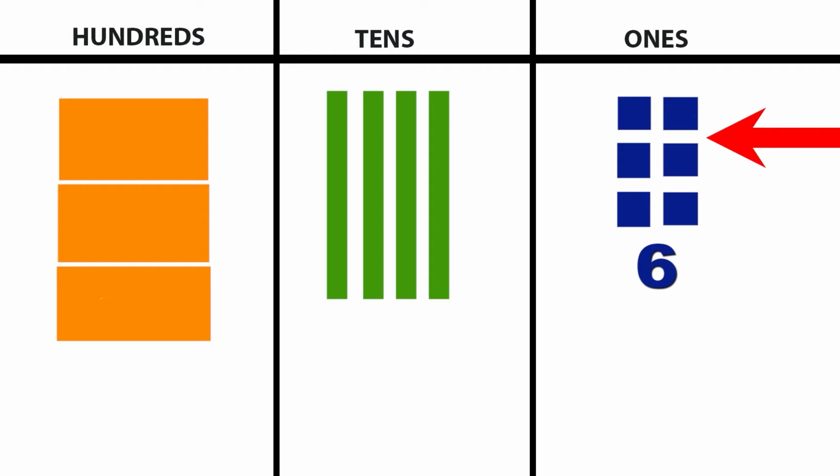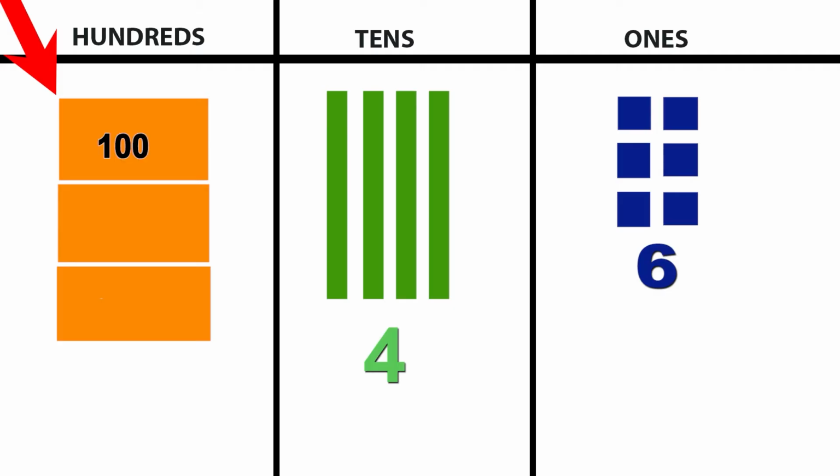Let us hop over now to our tens column. In our tens column, we can see 4 rods or 4 long shapes. That means that this number in our tens column is 4. Okay? Now when we go over to our hundreds column, we can see there are 3 flat shapes. One of them represents 100.